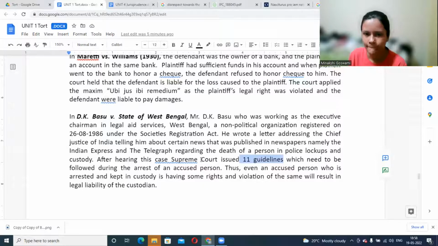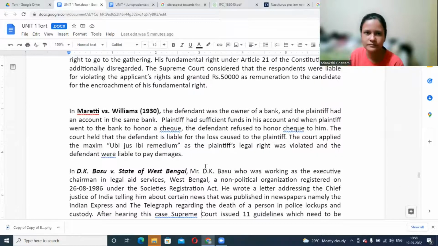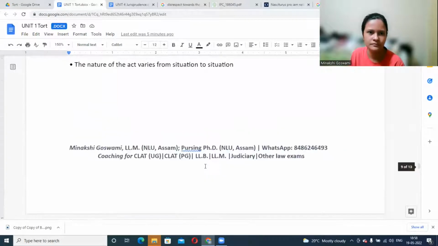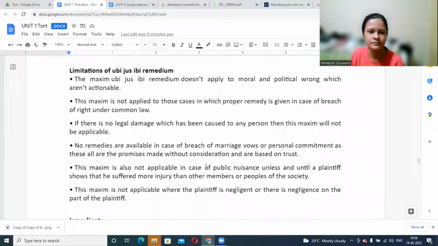Ma'am, previously we discussed one point, here under limitations of this maxim. The maxim is also not applicable in case of public nuisance unless and until the plaintiff shows that he suffered more injury than the other people of the society.